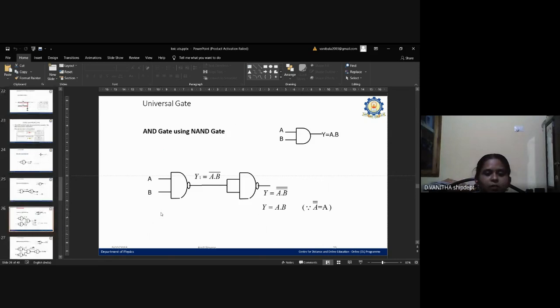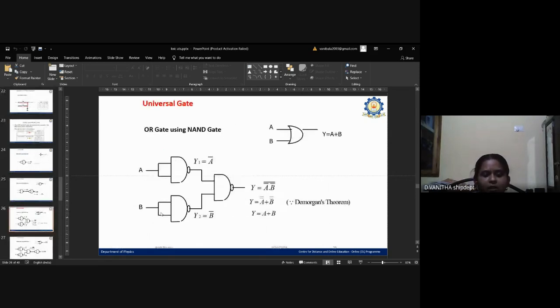Next is the OR gate using NAND gates. Here we use three NAND gates. The inputs of the first two NAND gates are combined together and taken as the inputs of the OR gate. Next, the output of the first one and the output of the second one are connected to another NAND gate.